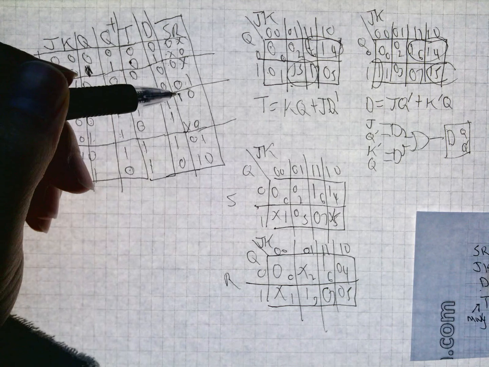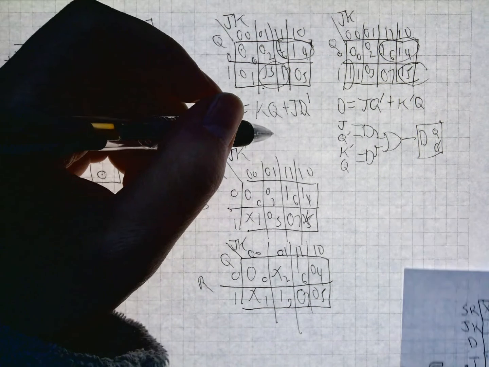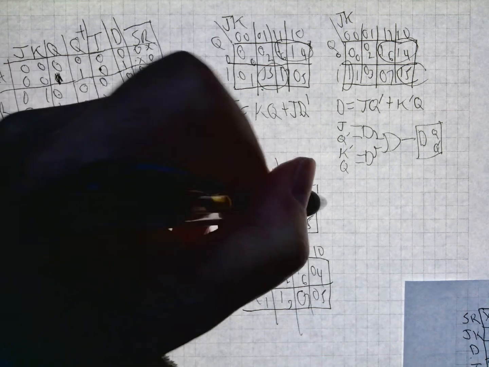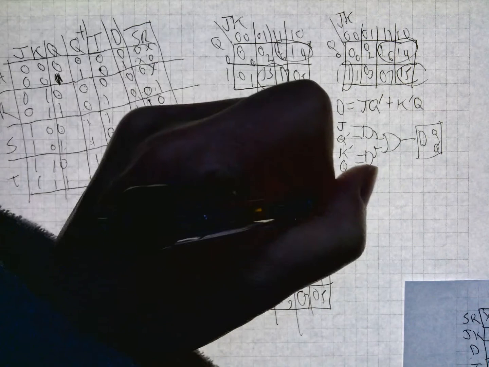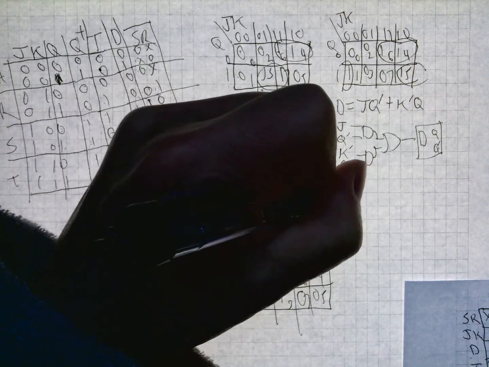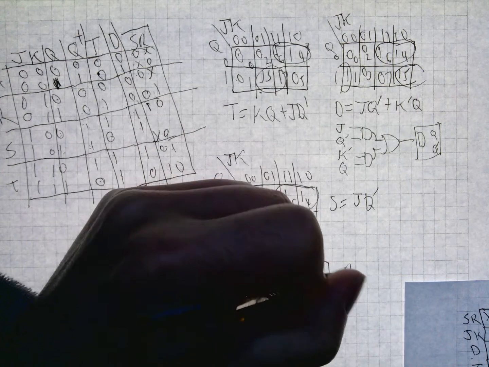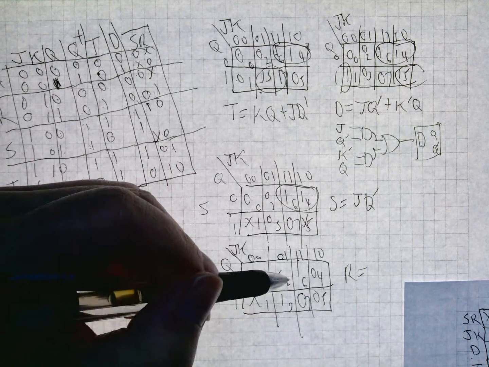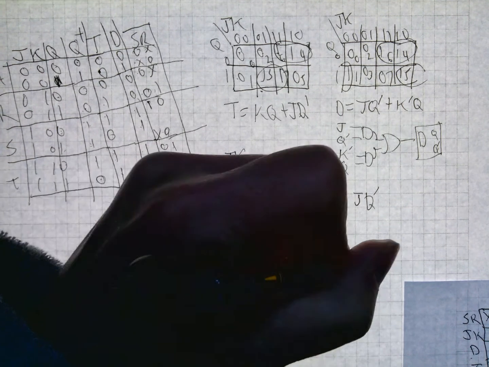Now you got to do your K-map looping. S equals JQ prime. Oh, that sounds familiar. And R is going to be equal to K Q prime.